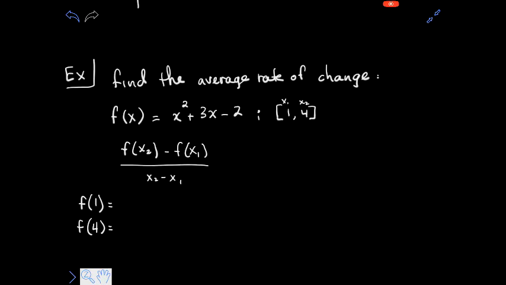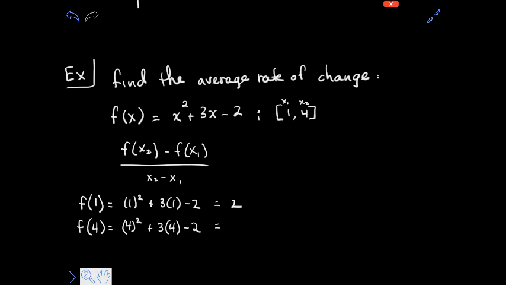So f of 1, it's 1 squared. I'm just plugging this into the function. 3 times 1 minus 2. It's going to be 1 plus 3. 1 plus 3 is 4. 4 minus 2 is 2. Now for f of 4, 4 squared plus 3 times 4.